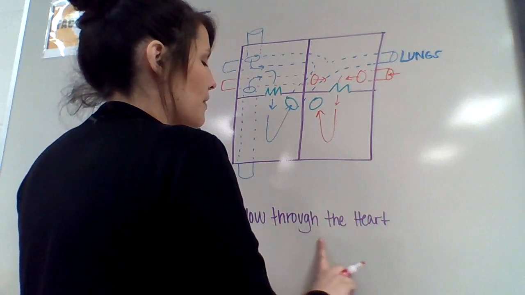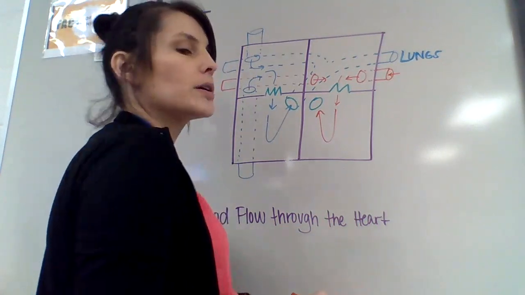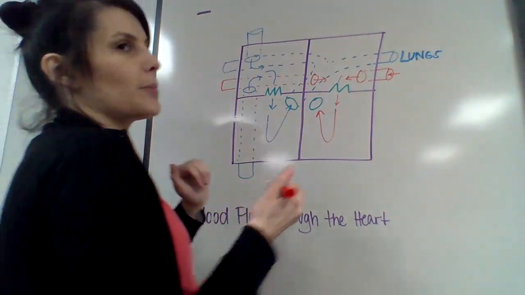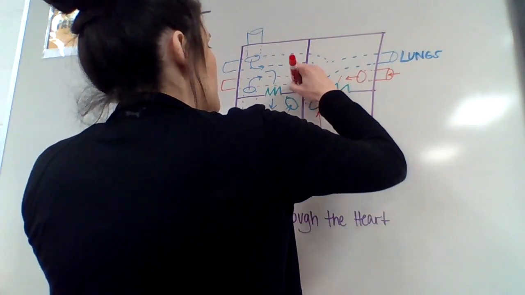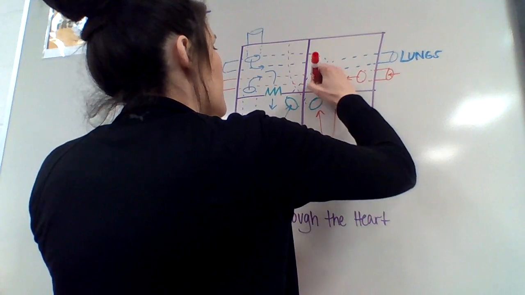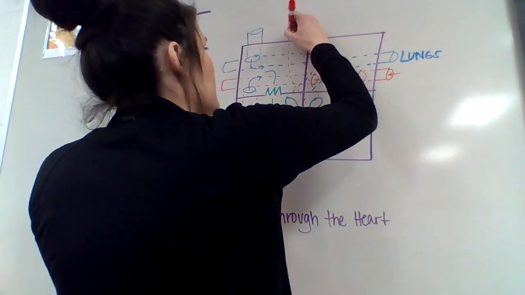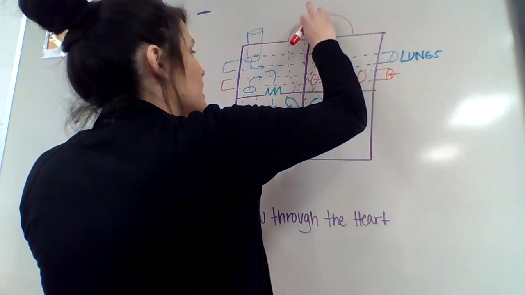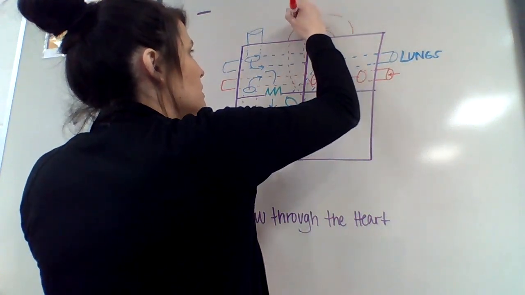If you've ever been on a roller coaster of any sort, there are always the crazy loops, and this guy is about to do that. So we're going to come up this direction. He's going to poke out the top of the heart like so. He's going to have 3 branches. We'll discuss these in just a second.